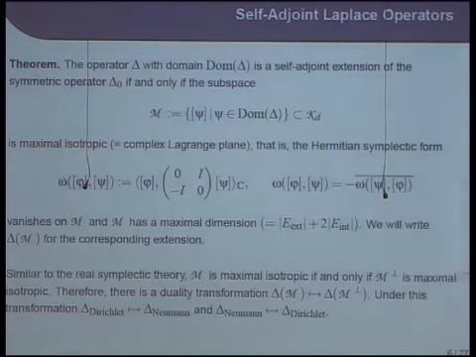So this means we have a duality transformation which for any M prescribes its orthogonal complement. If delta of M is self-adjoint, then delta of M perpendicular is also self-adjoint. And it is easy to verify that this duality transformation takes the Laplace operator with Dirichlet boundary conditions to the Laplace operator with Neumann boundary conditions, and vice versa.